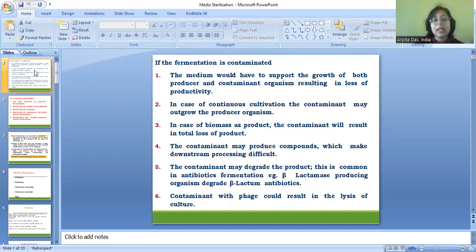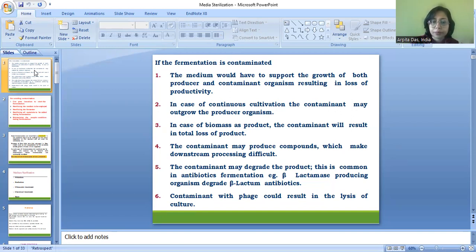So I cannot afford that. That means contamination has to be removed. The point is, I want to make you understand that there is no chance of contamination in huge or large scale bioprocessing. It will result in nothing but no profit, all loss will be there. So we cannot afford contamination.